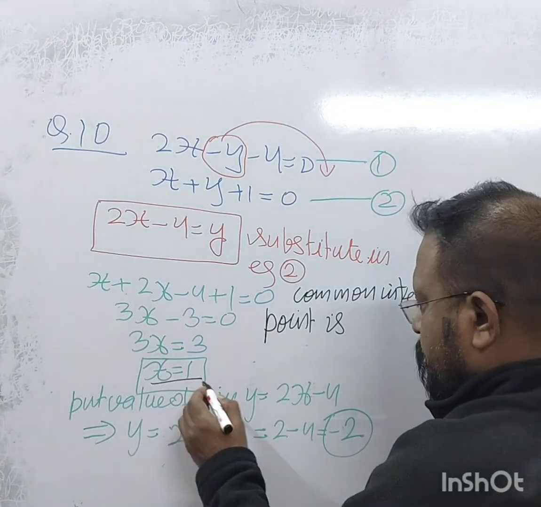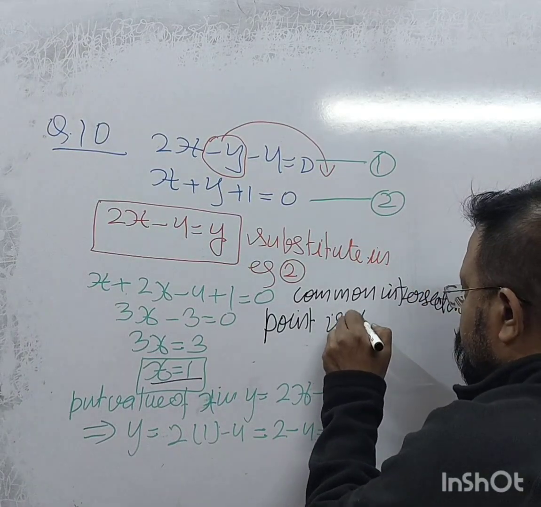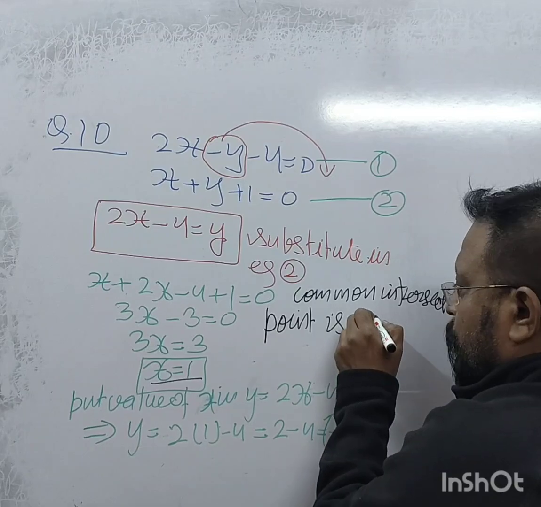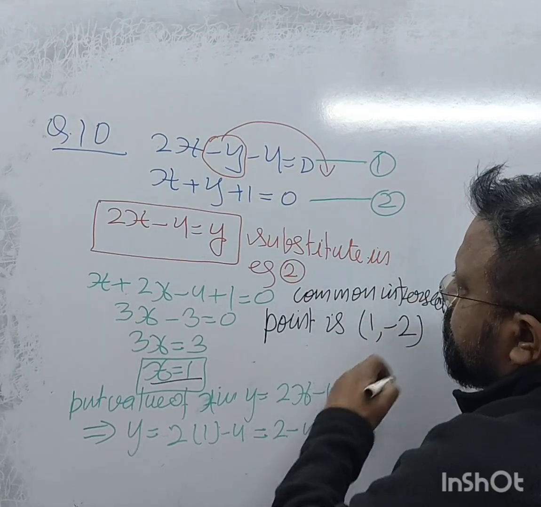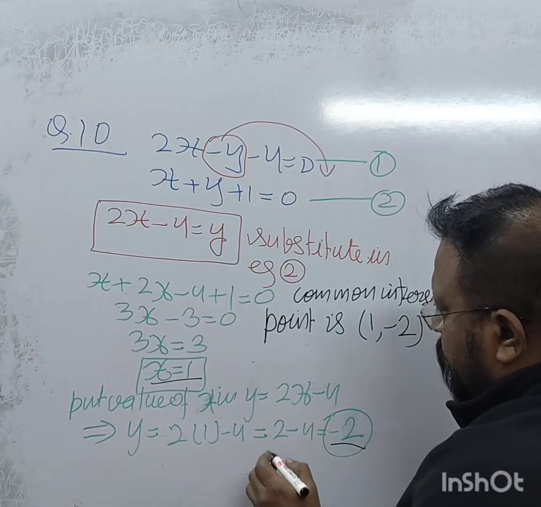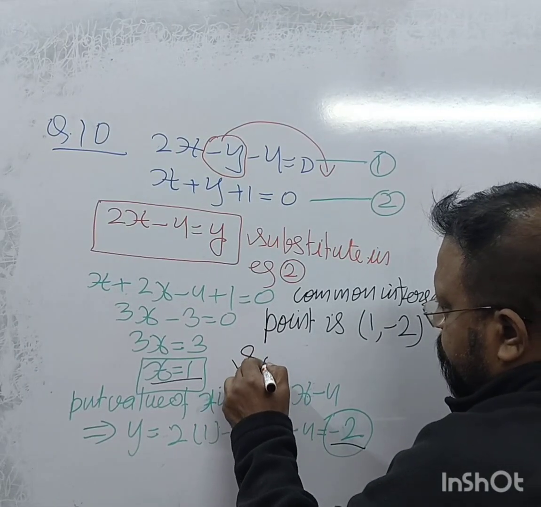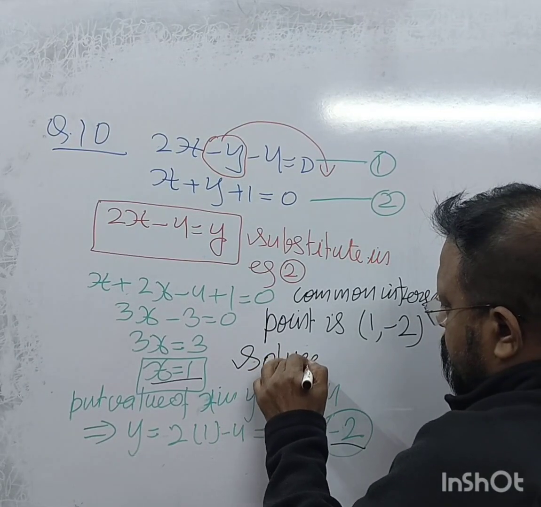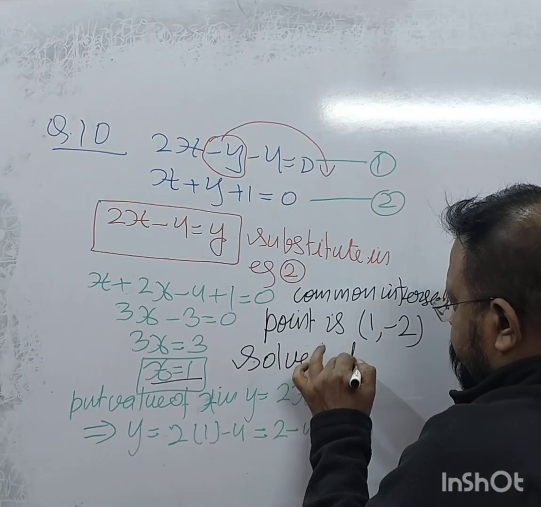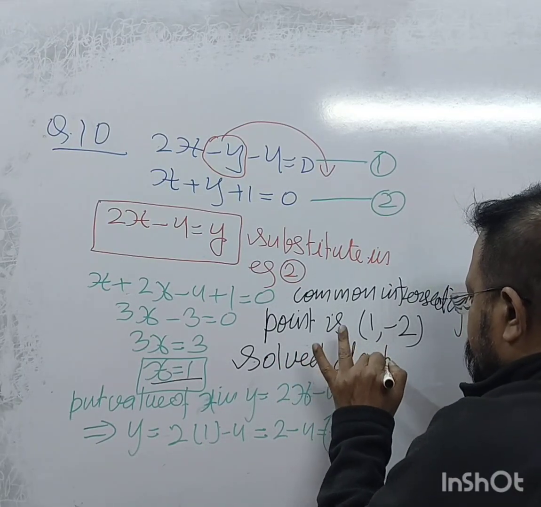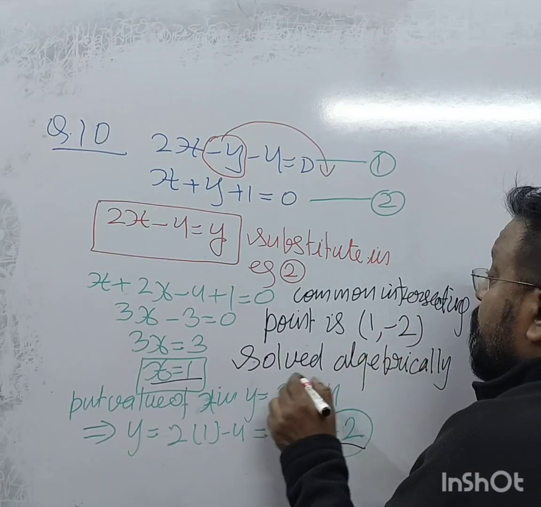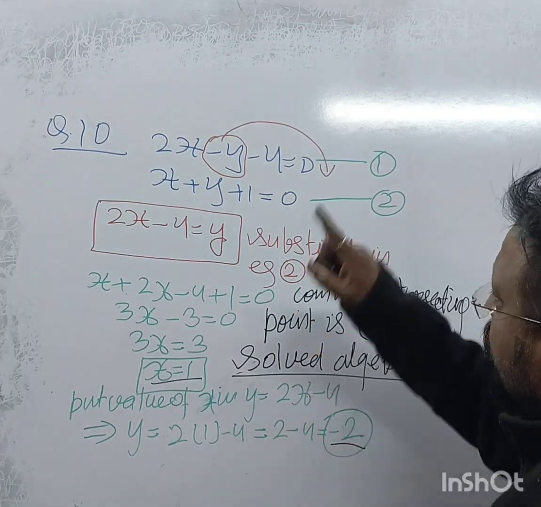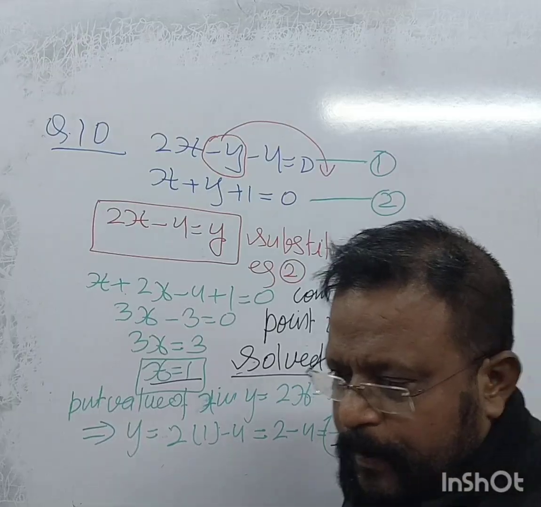This is 1, this is minus 2. We get it? We have solved this algebraically. Now solve this by graph.